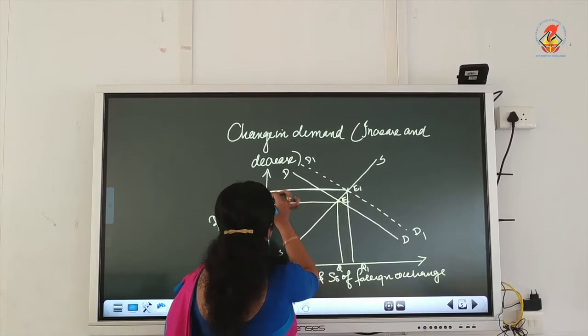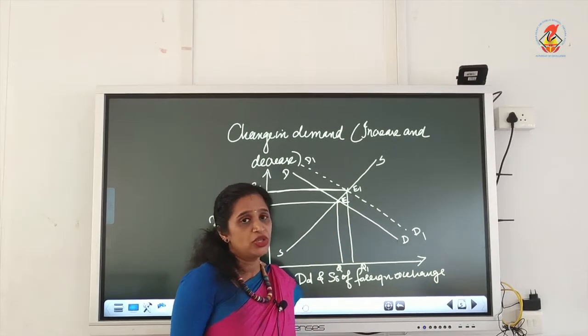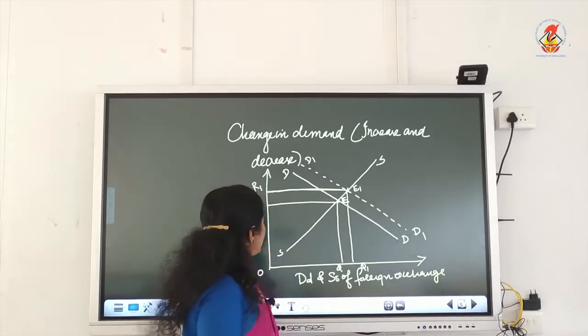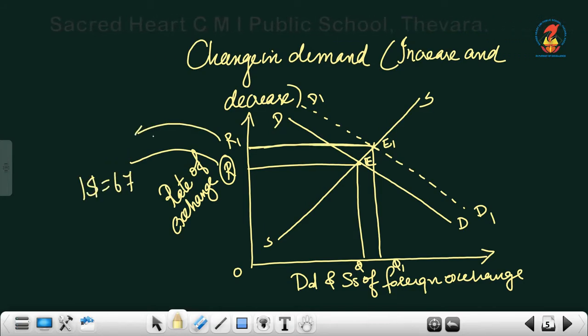Here you need to concentrate only on this rate of exchange, what happens. Now, let us assume this rate of exchange as $1 is equal to 67 rupees. Now, let us assume this R1 as $1 is equal to 68 rupees.